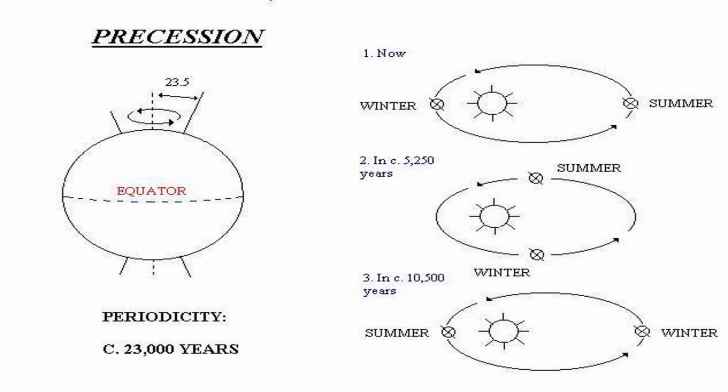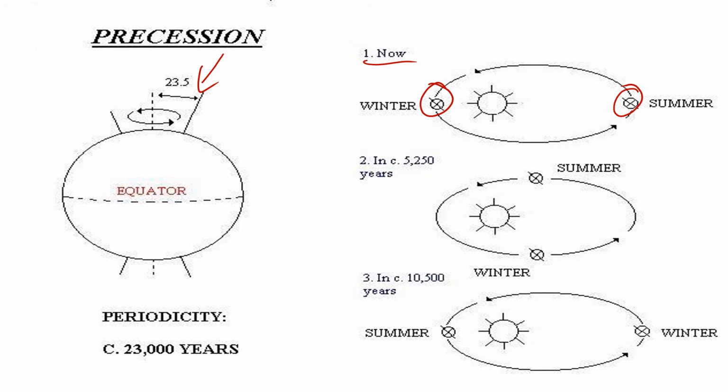So essentially, this is us right now. Okay? Winter occurs right here for the northern hemisphere when we're closest, and summer occurs right there. But because of the interaction between the pull of the sun and the moon, our axis will precess. It'll still be 23.5 degrees, but it will precess, moving in a counterclockwise motion.